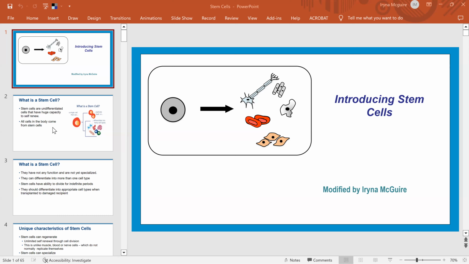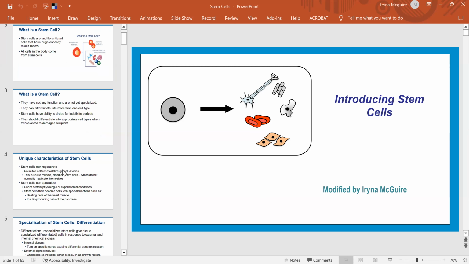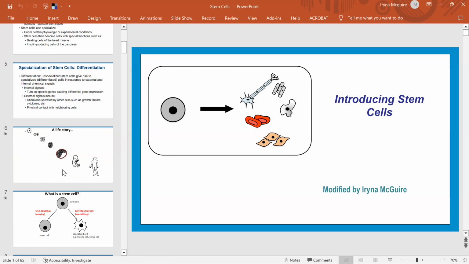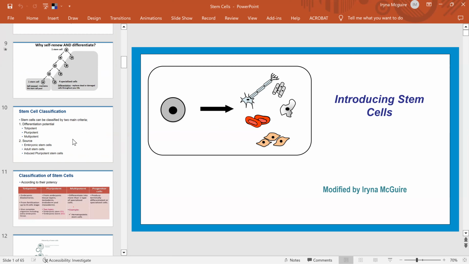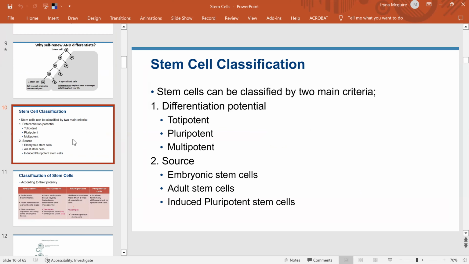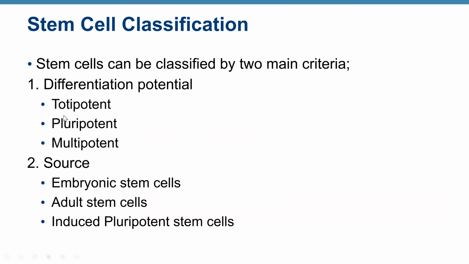In the first video, we talked about stem cells, what they are, and how we can classify them. I just want to remind you that we can classify stem cells based on their potential. They can be totipotent, pluripotent, or multipotent.